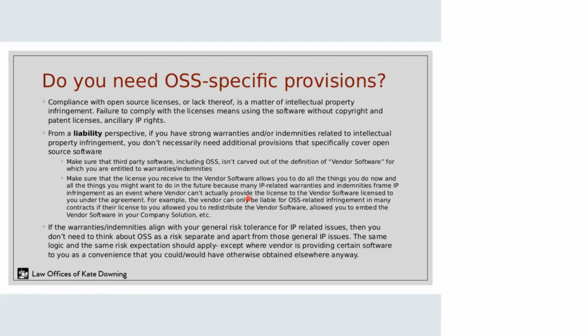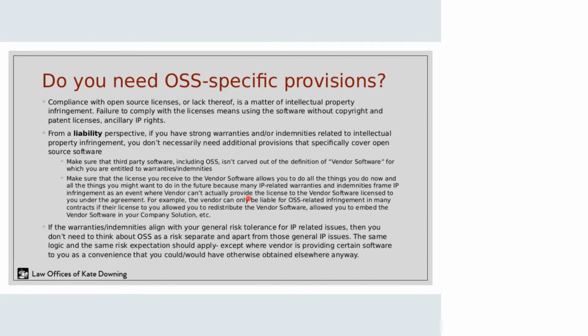If that's going to cover your risk with respect to copyright infringement, patent infringement, and any other kind of IP risks that you have defined, in many cases that's going to be sufficient. You really don't necessarily need to think about any other open source specific provisions because the IP infringement provisions in your warranties or indemnities will cover what you're doing. And you don't really need to think about your risk tolerance with respect to these things in a separate way than you do for IP issues generally.